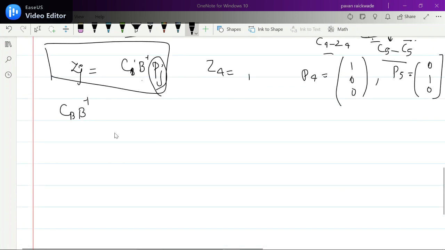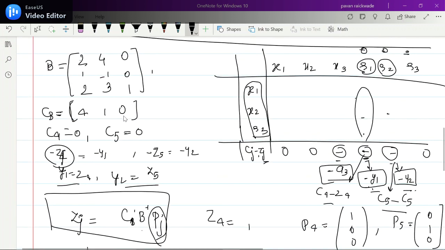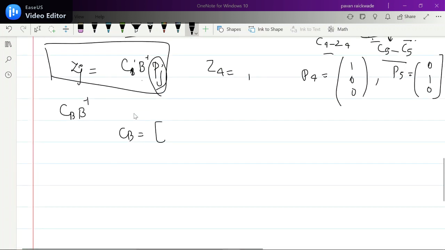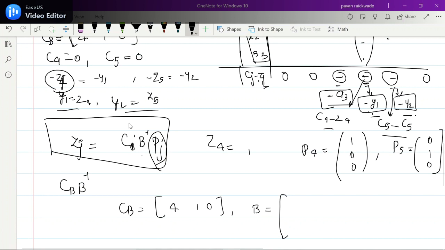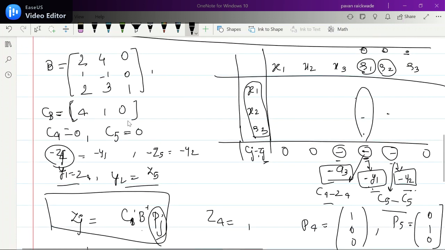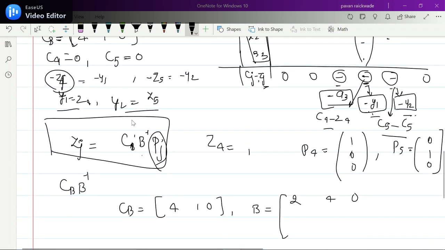So we have collected all the necessary equipment to solve our problem. CB is 4 1 0. The B matrix is 2 4 0; 1 minus 1 0; 2 3 1.